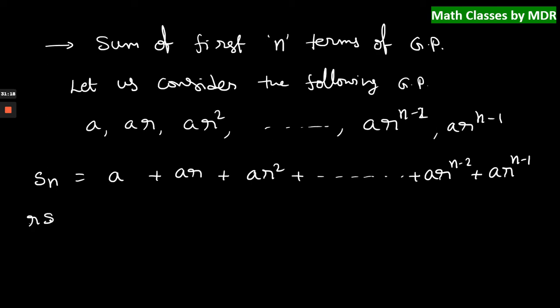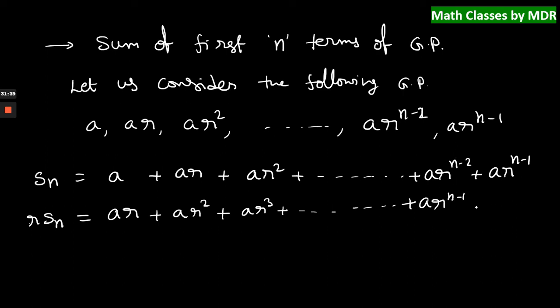So r into Sn will be ar plus, when you multiply ar by r, ar square, plus ar square by r, ar cube, and so on. When you multiply ar power n minus 2 with r, you will get ar power n minus 1. When you multiply ar power n minus 1 by r, you will get ar to the power n, right?